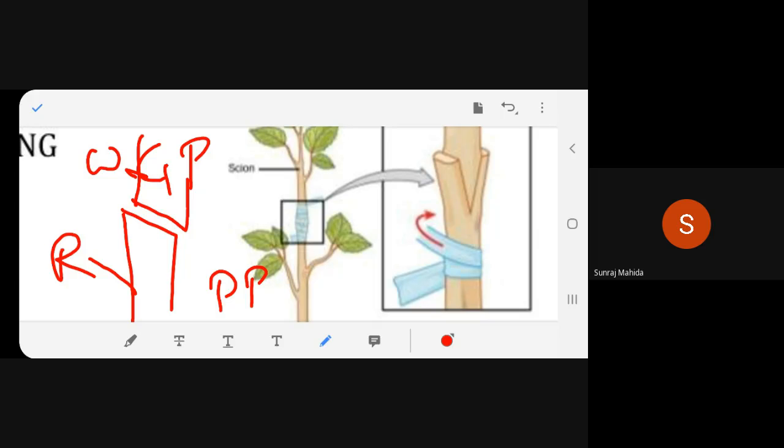Understood or not? So this is called grafting. And then they wrap it like this. Can you see this? They put a tape around that cut portion and after some time it will join on its own.